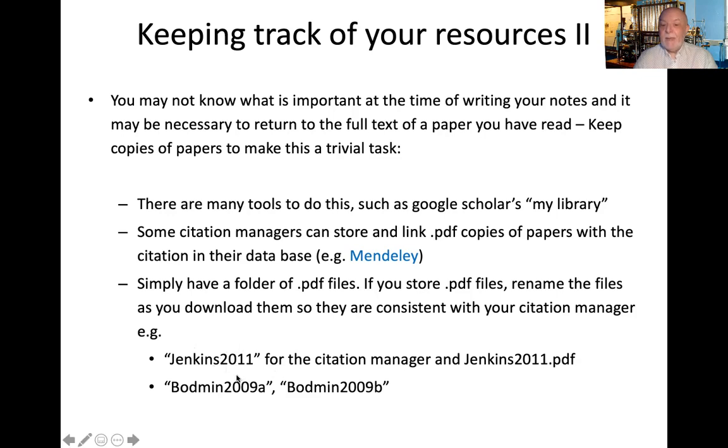If that's how you're going to reference it in your text, then in your citation manager or in the document where you're storing these, you call it Jenkins 2011.pdf. And that's easy for you to find. If a person writes more than one paper in a year, you can cope with that as well: Bodmin 2009A, Bodmin 2009B. So again, it is easy for you to do that.